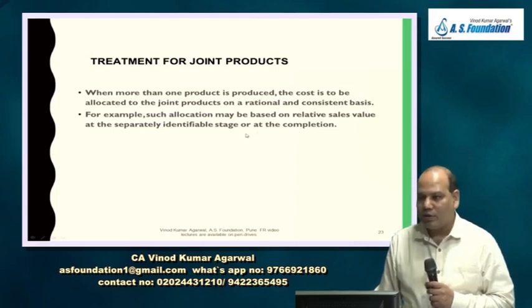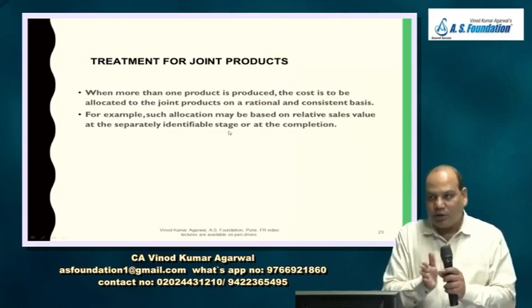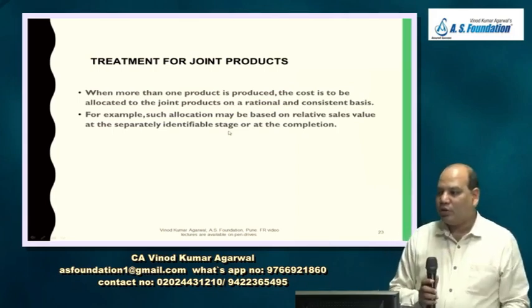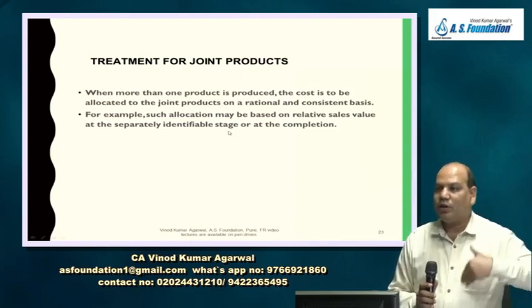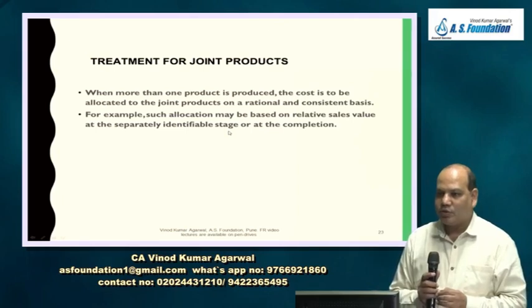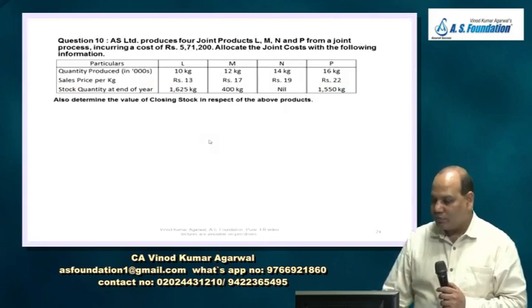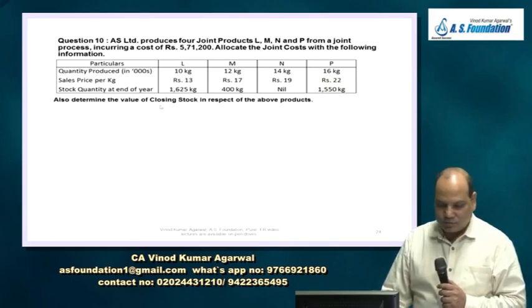You can take the relative sale value at the point where they separated, or you can take the relative sale value after they are completed into finished product, if some further processing is also required. Students of costing will remember there was a chapter like this. So you have to apply that chapter and get the answer.